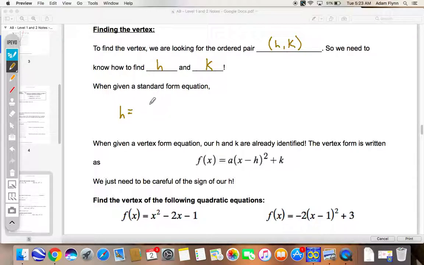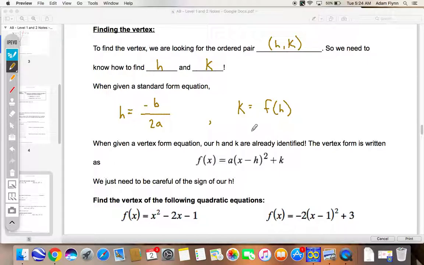So we'll go over that when we cross that bridge, but for right now I'll tell you that h equals negative b over 2 times a. We get the b and the a from our standard form equation. And then k is f of h. All that means is we're going to solve for h, negative b over 2a, whatever that is, take that h and plug it into our function.